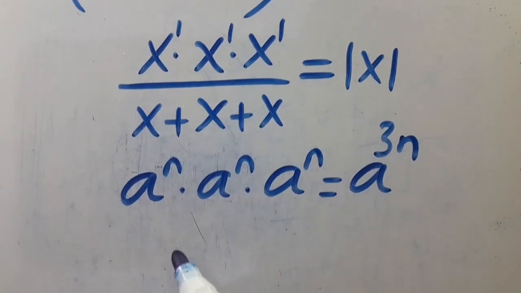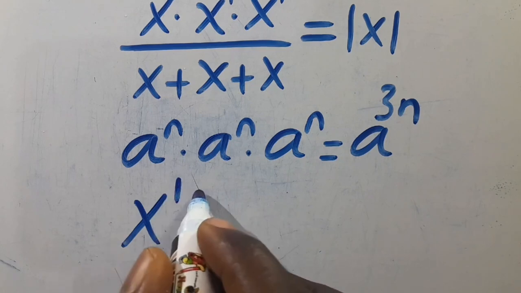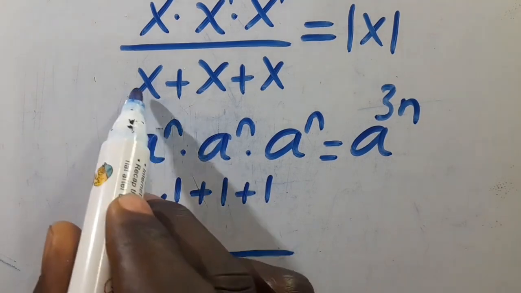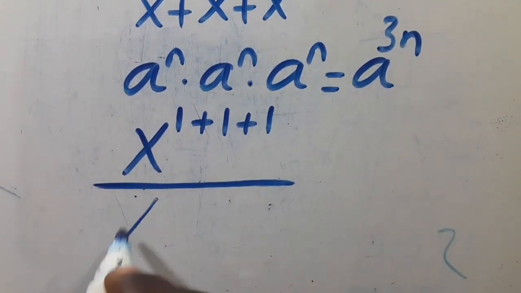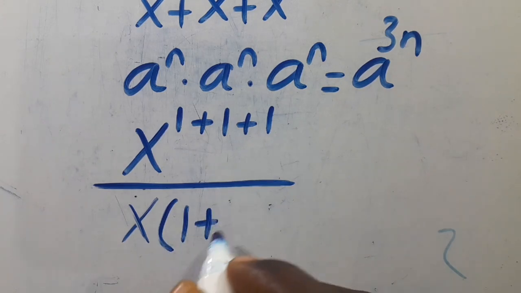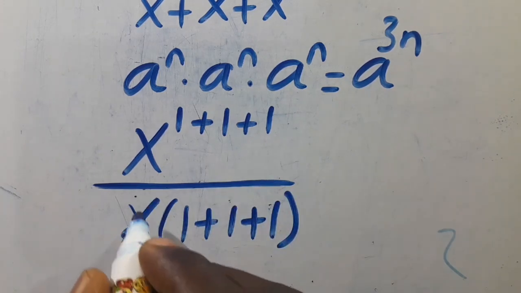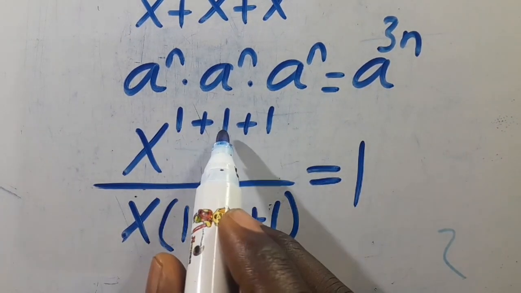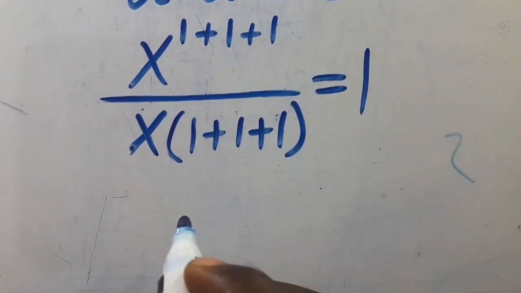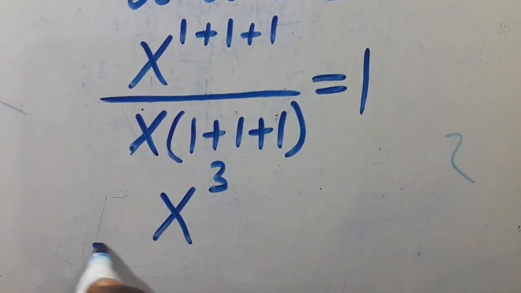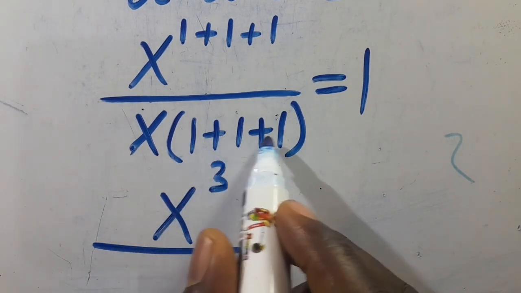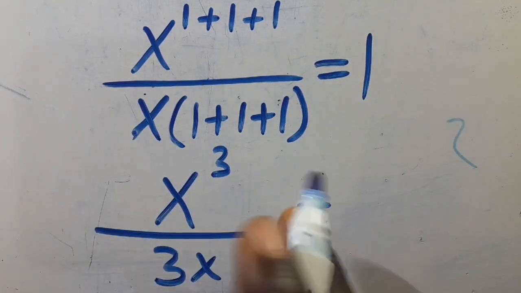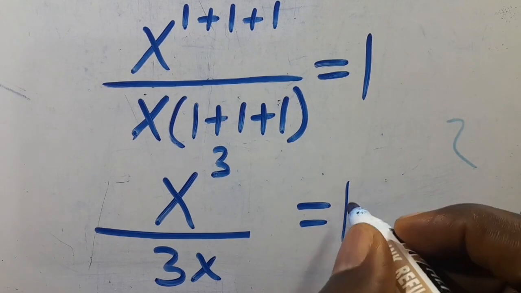So when you apply it here, we have x to the power of 1 plus 1 plus 1 divided by x times the bracket of 1 plus 1 plus 1, then everything equals 1. 1 plus 1 is 2 plus 1 will be 3. So here will be x to the power of 3 divided by 3 times x equals 1.